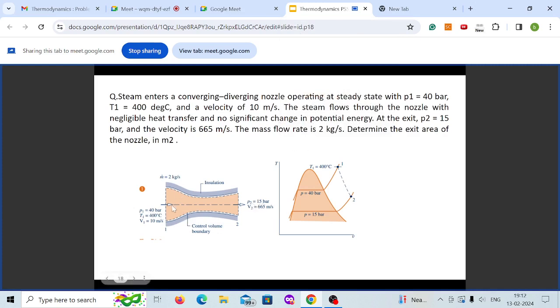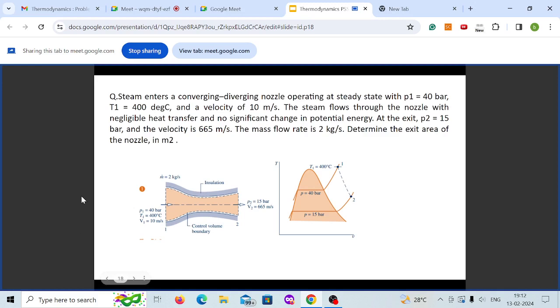Your pressure is changing in the nozzle from 40 bar to 15 bar, and your velocity, which is coming in at 10 meters per second, is going out at 665 meters per second. This nozzle is insulated, so there will be no heat interaction with the surroundings, and there is also no work given into the nozzle.